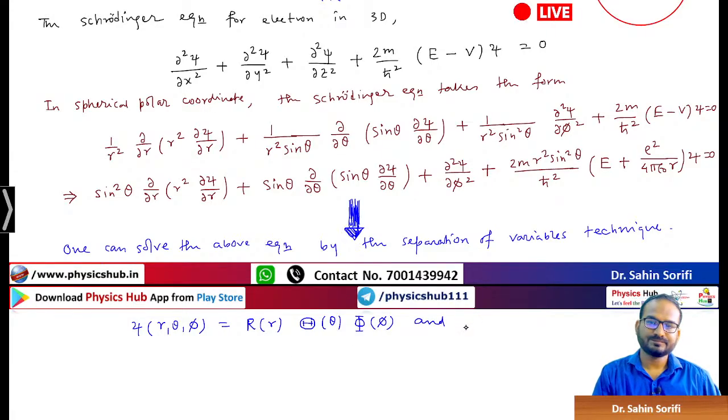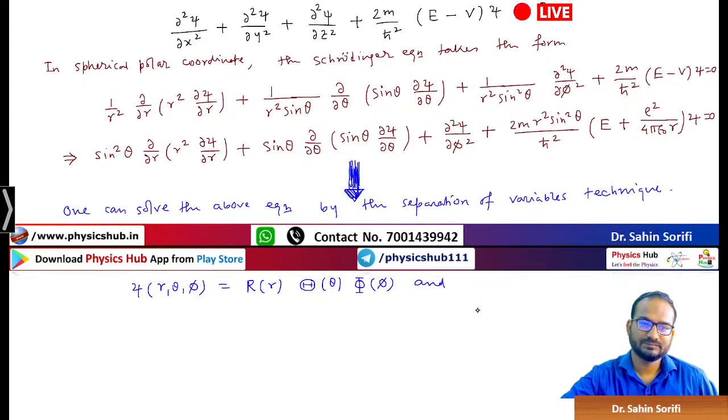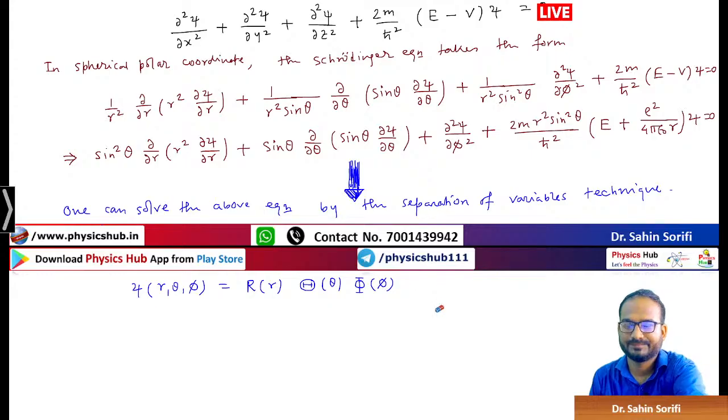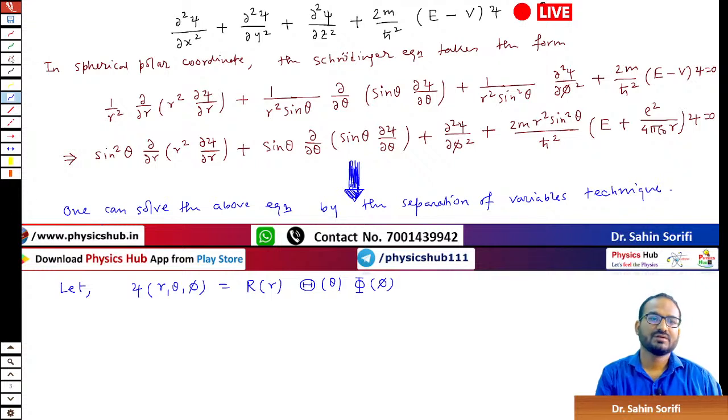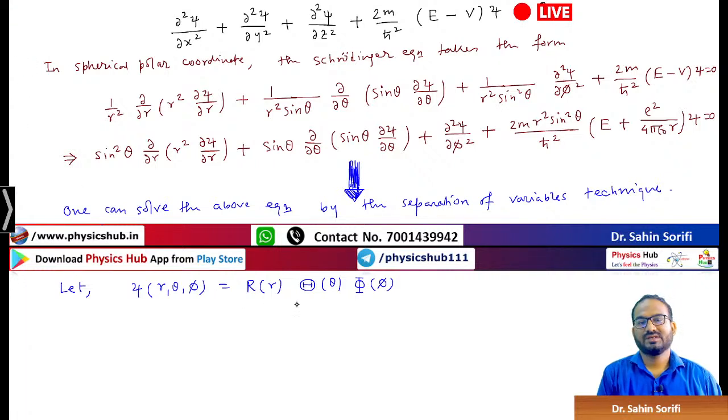So we can just write, let psi of r, theta, phi equal this. Now if you plug this into the differential equation and do some calculation, you will get three equations, one for theta, r and phi.